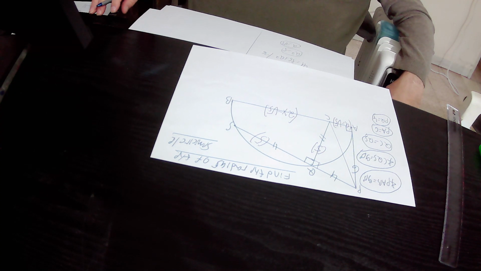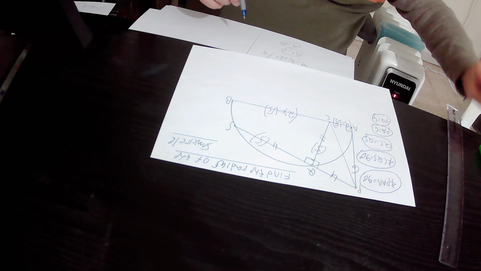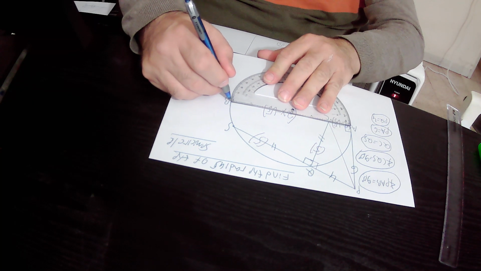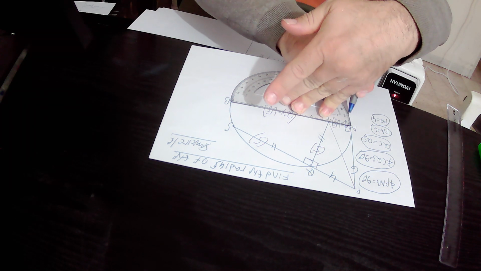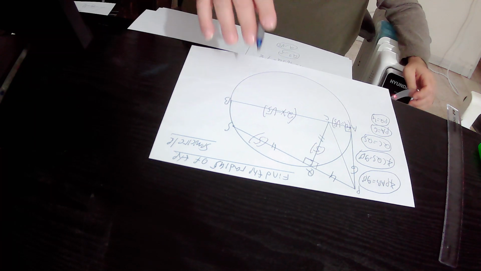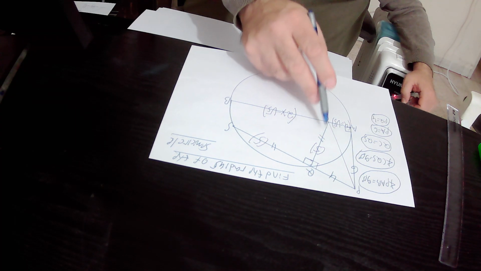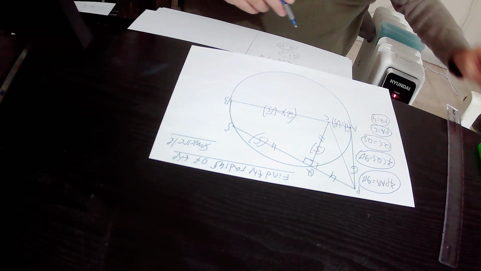In the next step, we will complete the semicircle to a circle. We completed the semicircle to a circle, and we will extend side QC by a straight line until it touches the circle.